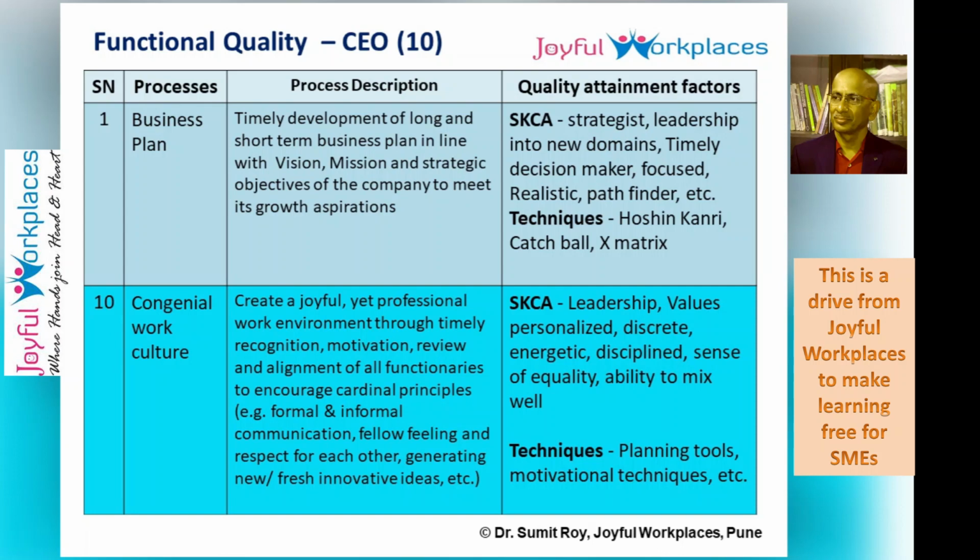And among the techniques which can be utilized, one is Hoshin Kanri. It is a Japanese technique, and another name for Hoshin Kanri in English is policy management. Policy management takes the long-term and mid-term strategies of the company and converts them into what is required to be done, how it is to be done, who will carry it out at different levels, what the measures will be, and how those measures can be monitored.